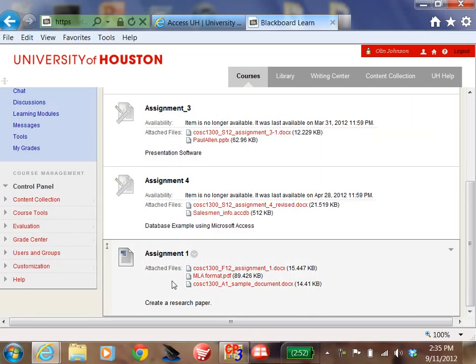And so we want to look, there's three attached files there: COSC 1300 fall 2012 assignment 1, then MLA format PDF, and 1300 A1 sample.